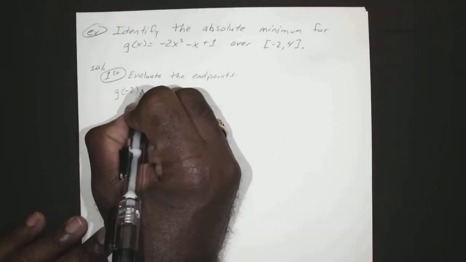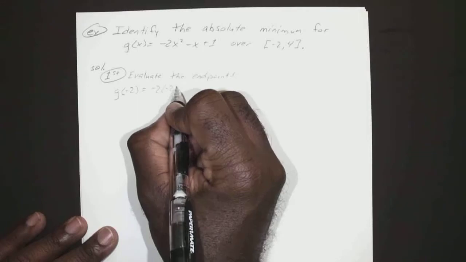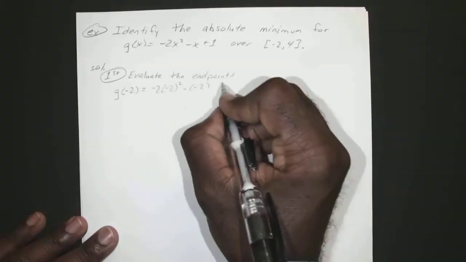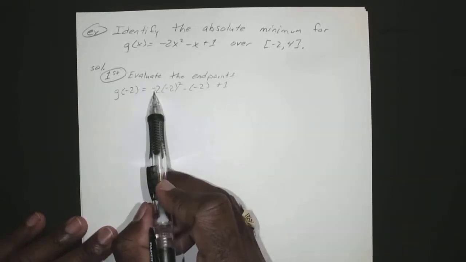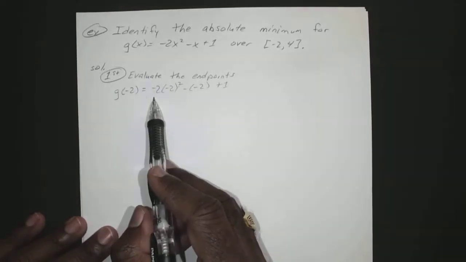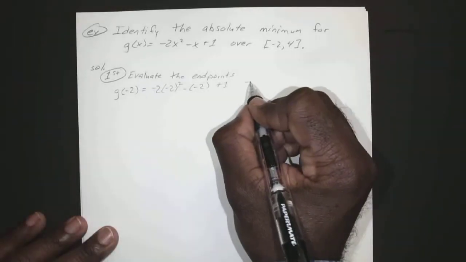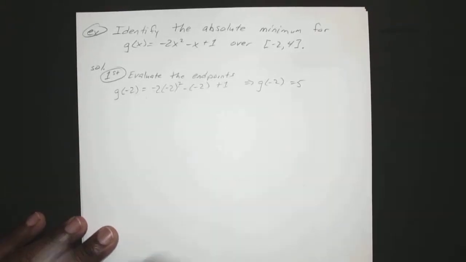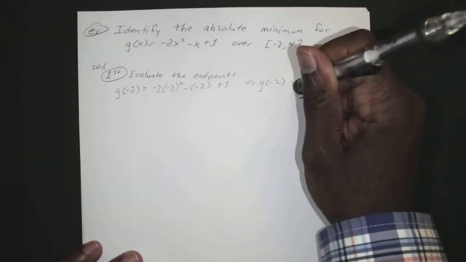So g of negative 2 is equal to negative 2 times negative 2 squared minus negative 2 plus 1. Negative 2 squared is 4 times negative 2 is negative 8, plus 2 is negative 6, plus 1. So we know that g of negative 2 is negative 5, sorry about that.